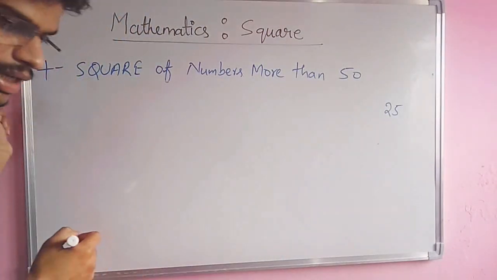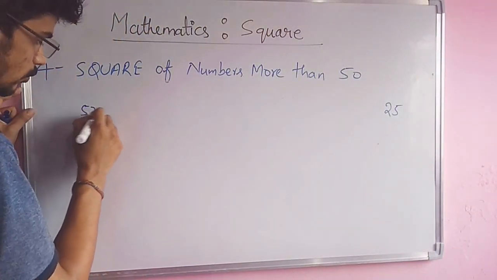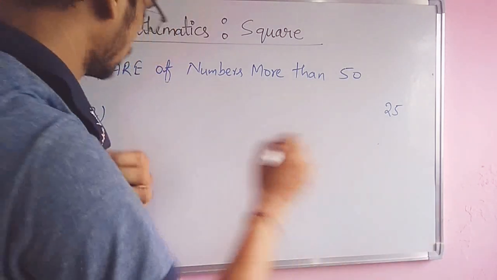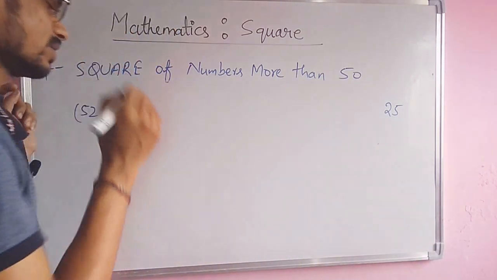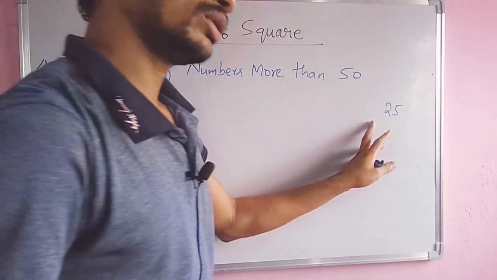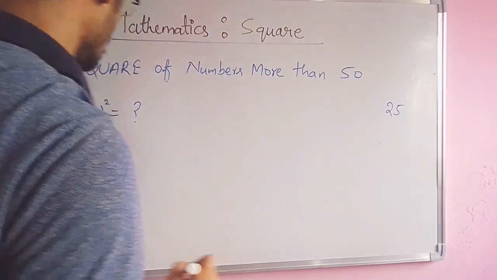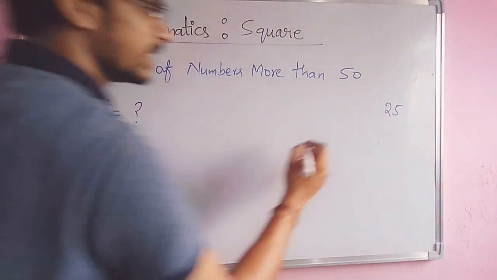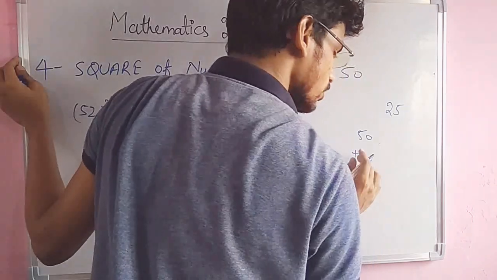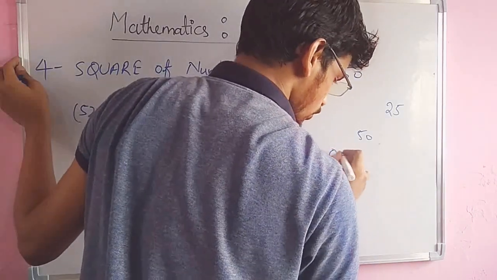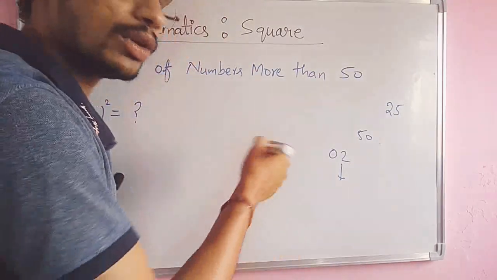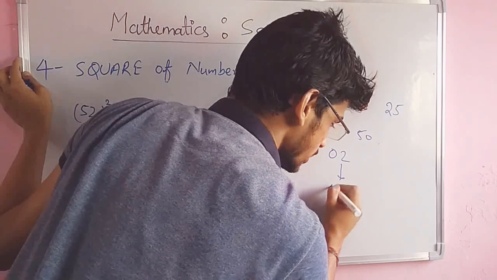If we want to calculate the square of 52, how much is it? Here remember the golden number, that is 25. How much is it greater than 50? That is by 2. Calculate the square of 2, that is 04.